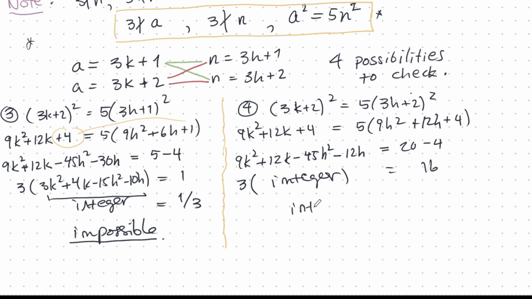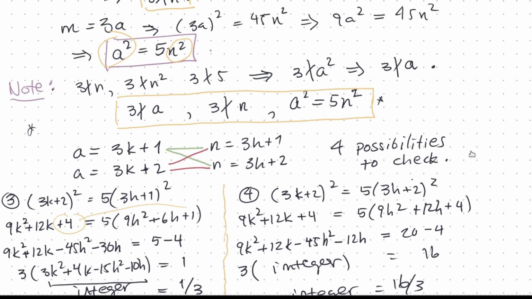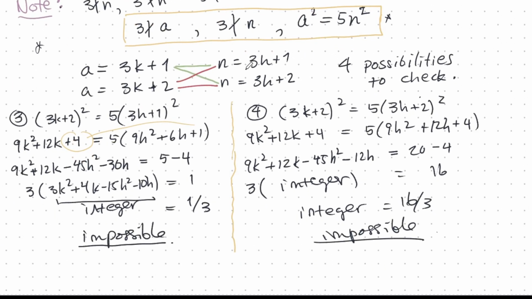So we have an integer equals 16 over 3, and that's impossible. So we did it. Every case is impossible. All the 4 possibilities are impossible. And so therefore, square root 45 is not in Q. And that's very interesting.